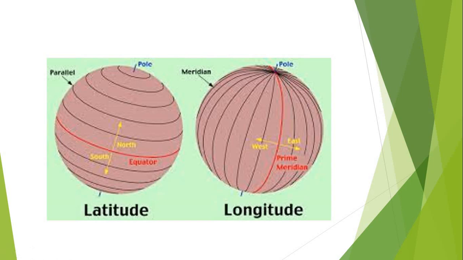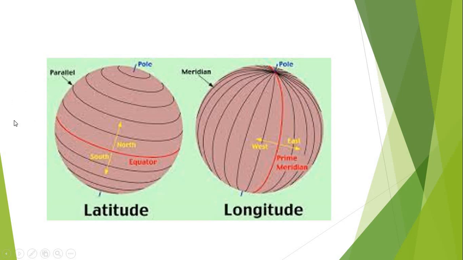Here you can see two different images, one showing you latitudes and the next one showing you longitudes. Let's take latitude first. The latitude, as you can see in the picture, divides the earth into two halves, north and south, or we can also say northern hemisphere and southern hemisphere.